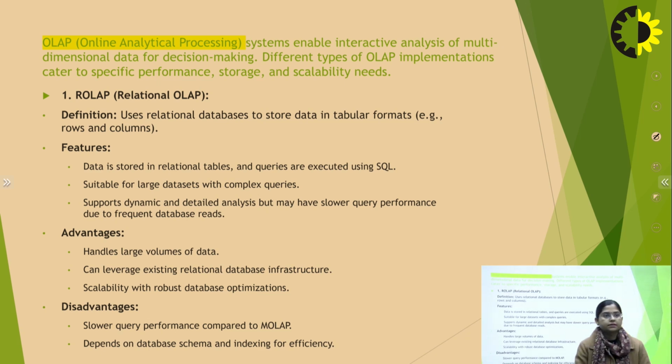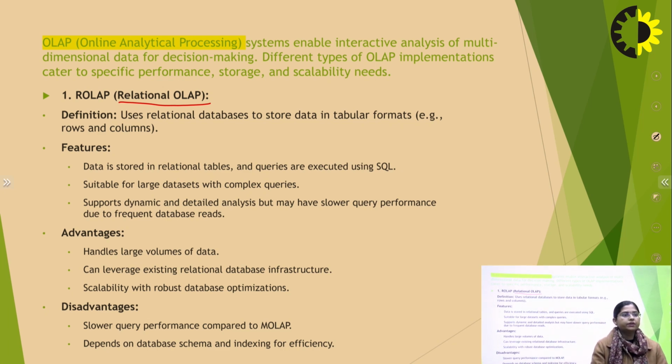Now we will discuss OLAP, online analytical processing. So what is online analytical processing? It is a system enabling interactive analysis of multidimensional data for decision making. There are different types of OLAP implementation to suit specific performance, storage and scalability needs. The first is Relational OLAP. What is Relational OLAP?